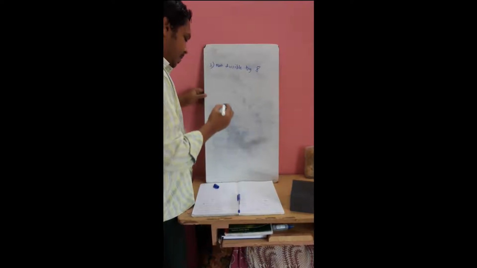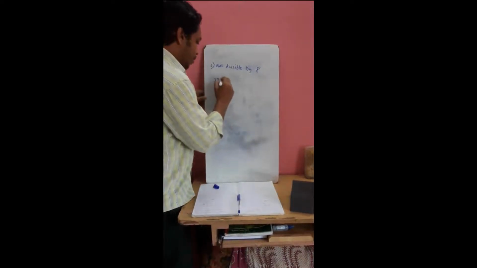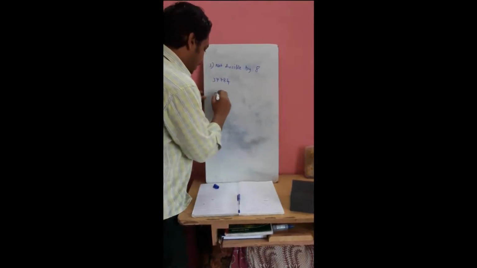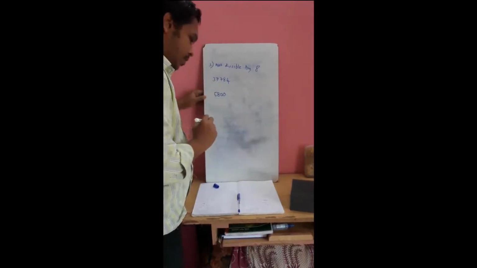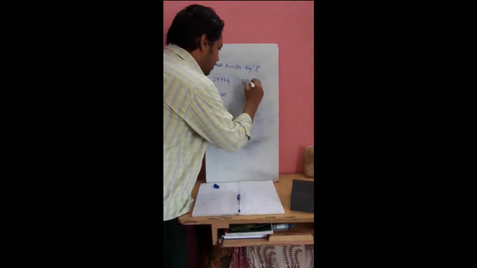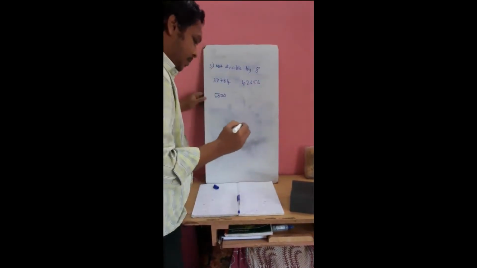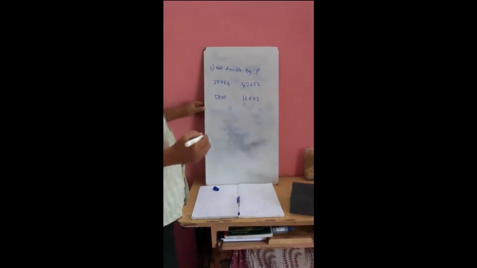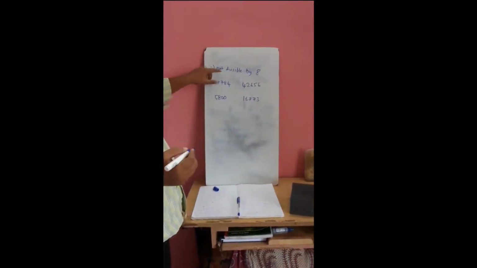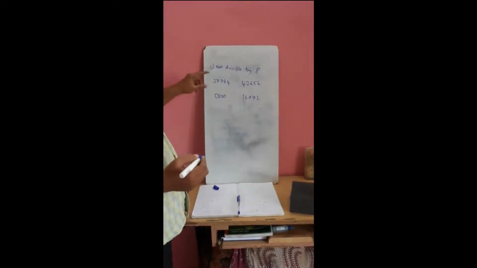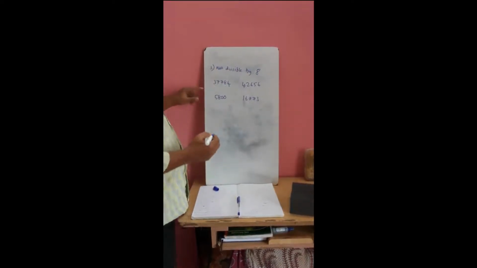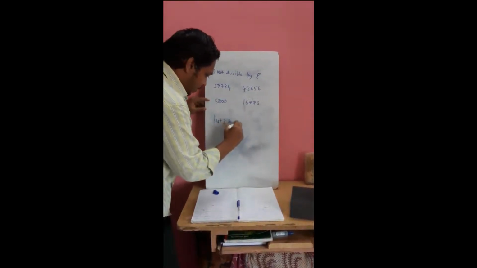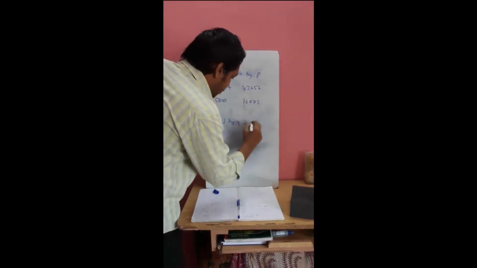The options are 37784, 5800, 42656, 16773. We have to find the number which is not divisible by 8. The test of divisibility for 8 is that the last 3 digits must be divisible by 8.